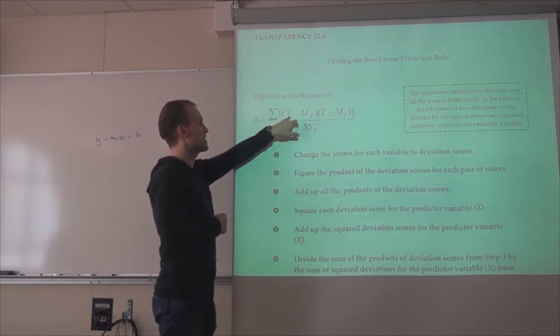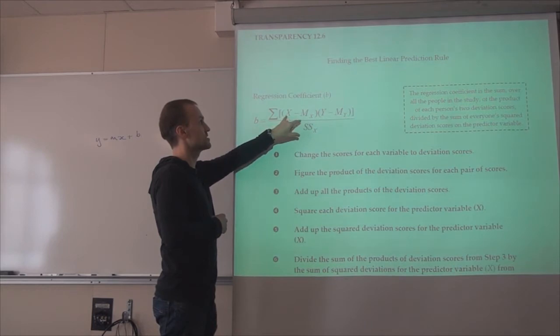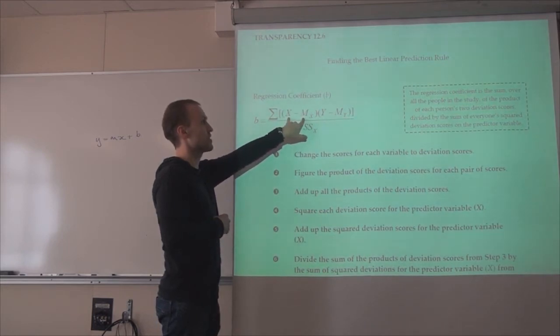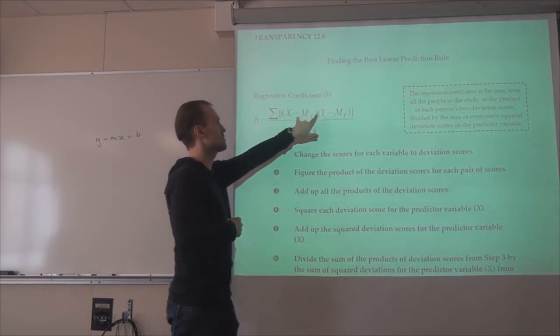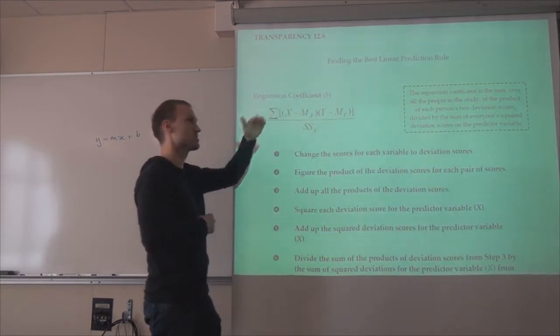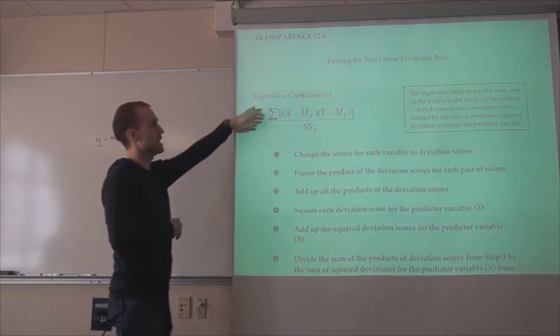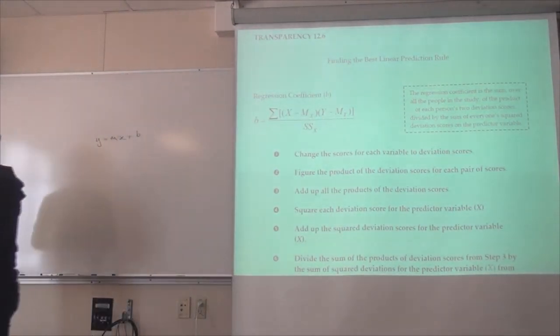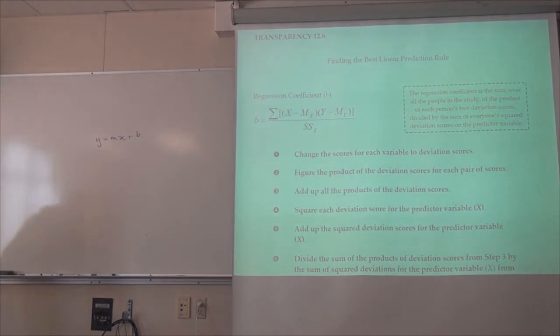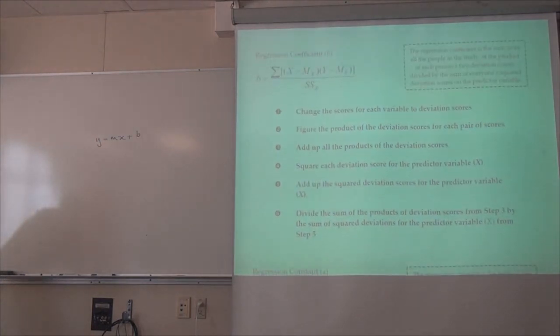I take all the actual x values, the difference from the x values to their average, and the difference of the y values to their average, and I multiply them for each sample value that I get, and add them all up, and divide by the sum of the squares of the x values. So let's just highlight here what they say.